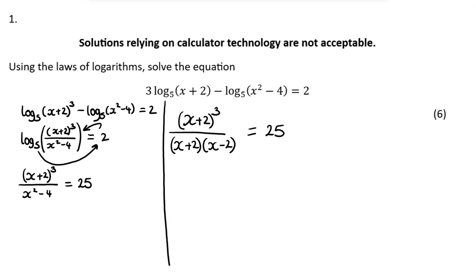And this will just make my life a little bit easier, because this will mean that actually I can cancel a pair of those x plus 2's to get the following here. This means that I'm only going to have to solve a quadratic equation rather than a cubic equation instead.